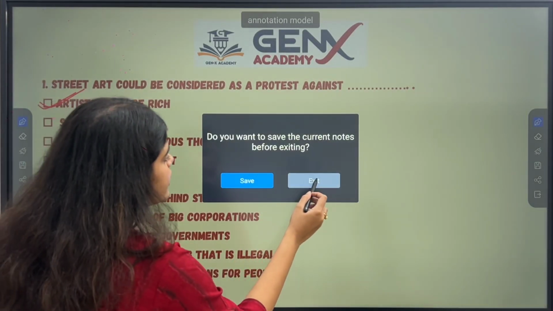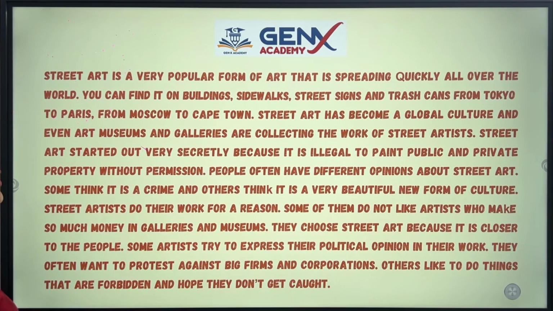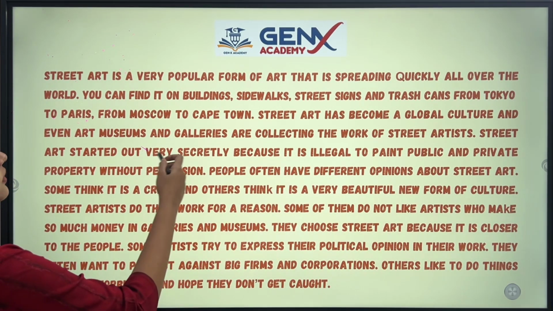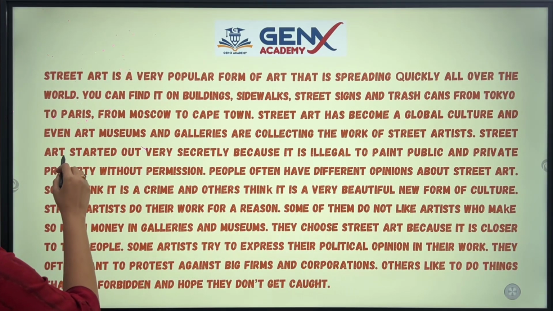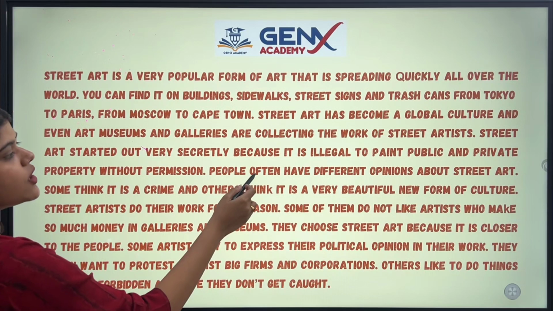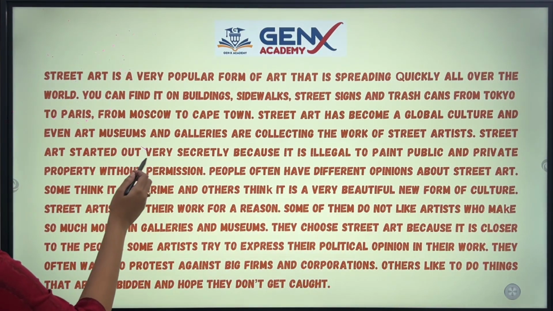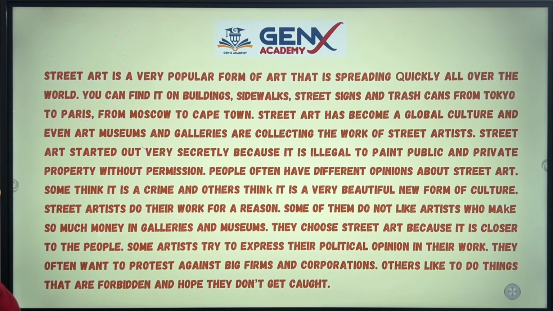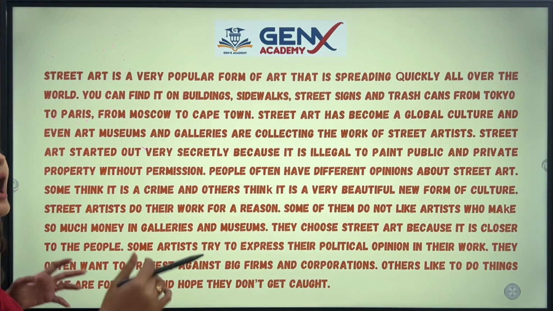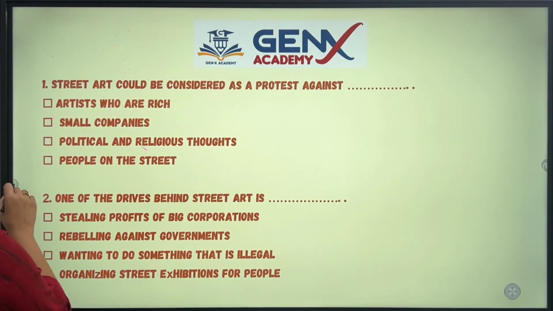The next question is, one of the drives behind street art is. Let's go back to the question again. Why did street art start? What is the drive for street art? Street art started out very secretly because it is illegal to paint public and private property without permission. So it has become a secret thing, or there is a hype about it because it is illegal in nature.